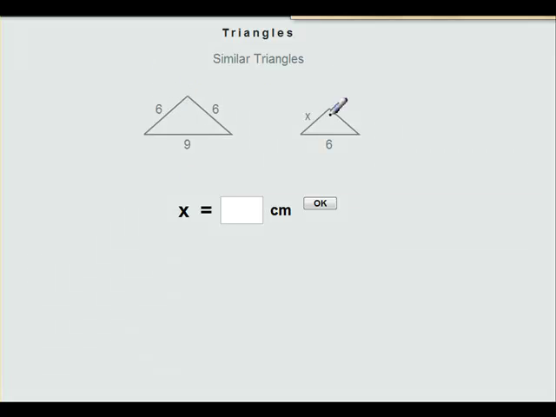So let's show you similar triangles, F1, F2, and they want to know what x equals. Well, x is this side right here, so let's just make that clear that this is x. And we don't know this side, so we can't compare these two, but we do know this side right here, so that will be our side 2.